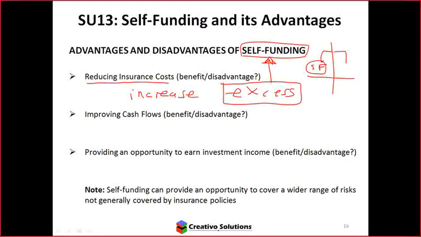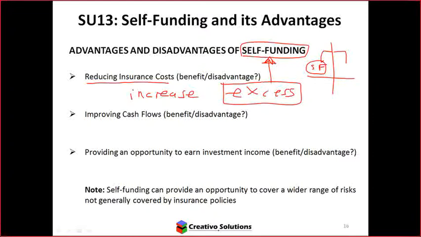What's the benefit or disadvantage there? Improving your cash flow, again, you save on your premiums, but if the risk is high and the damages are high, then it's not good for your cash flow. Okay, good. So when there is a claim, and it's self-funded, you're claiming from yourself, basically.